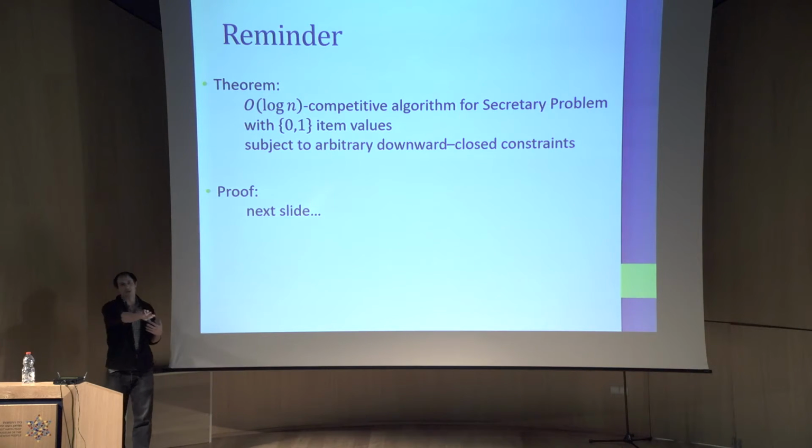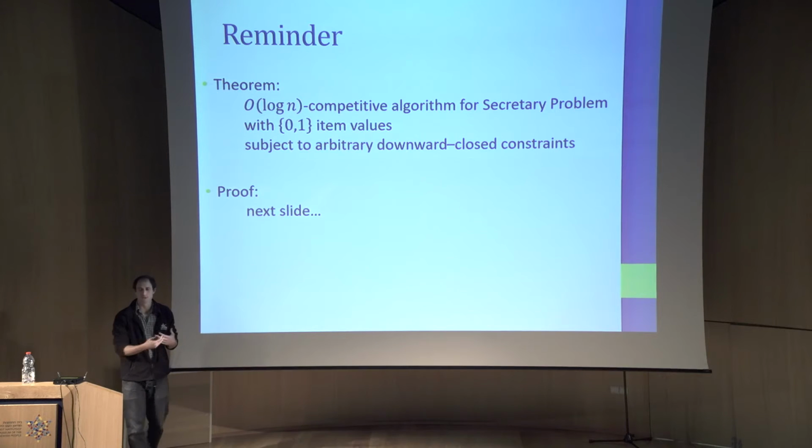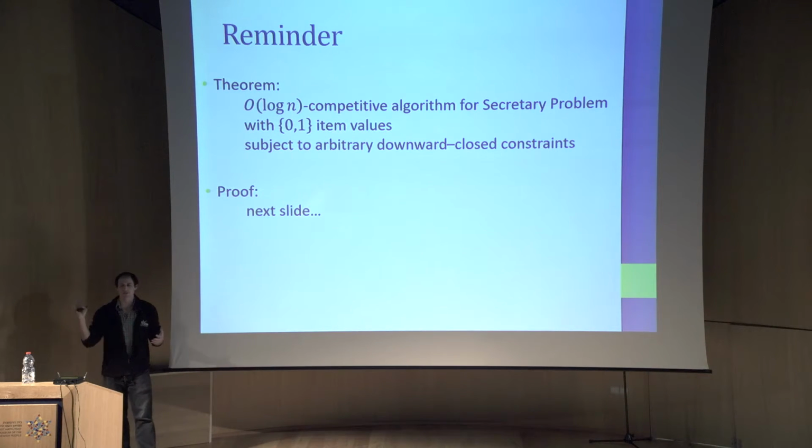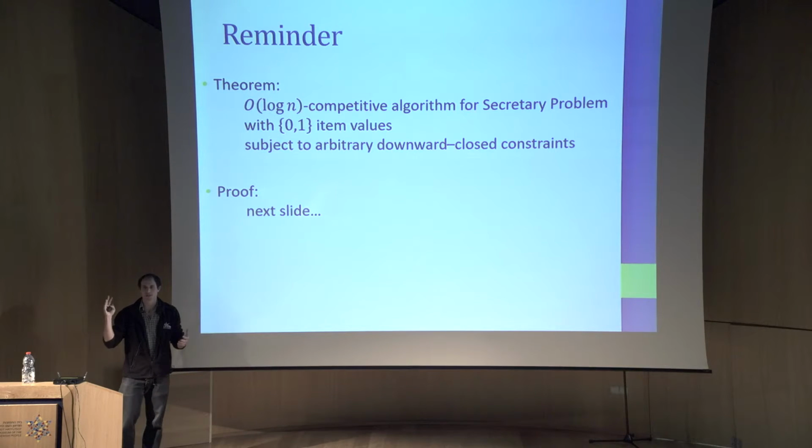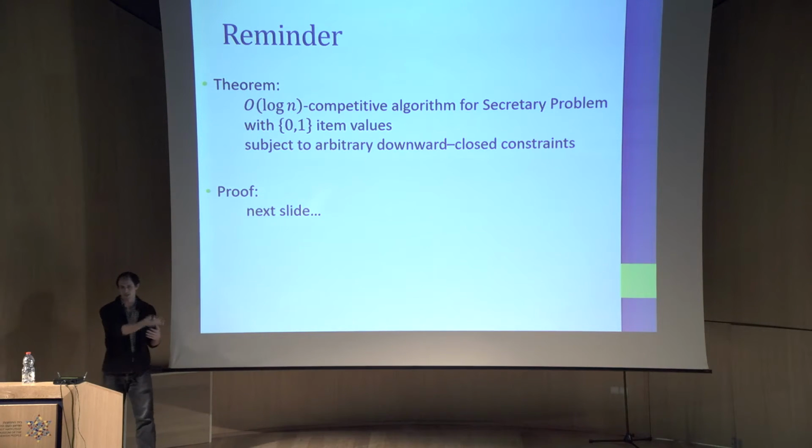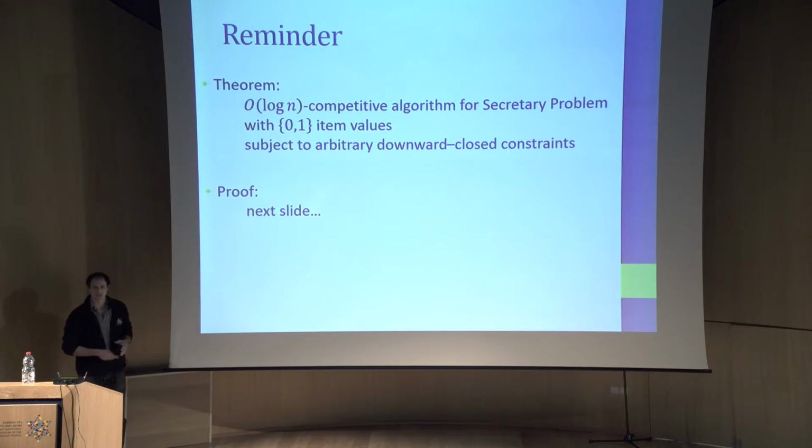You have no idea how well this secretary is going to interact with future secretaries, but you should look at your history, and if this secretary interacts well with the previous secretaries, because of the random order, you expect the secretary will also interact well with the future secretaries. So with this vague intuition, let me show you an algorithm.